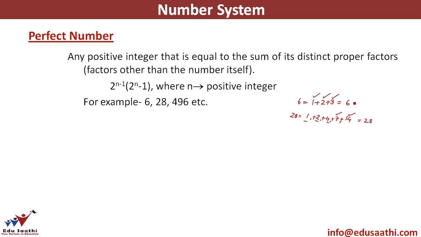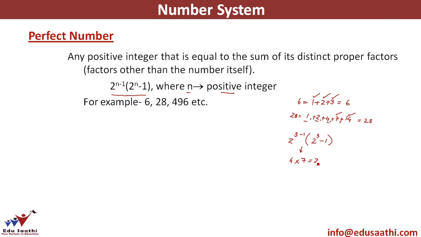Now, a perfect number would be of the form 2 raised to power n minus 1 into 2 raised to power n minus 1, where n is a positive integer. If I assume n as 3: 2 square, which is 4, into 2 cube minus 1, which is 7.